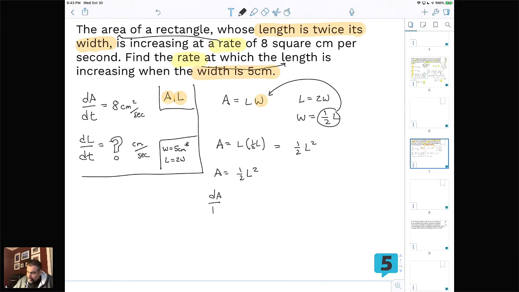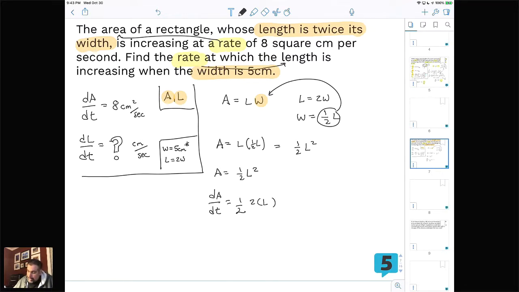I know how to handle dA over dt. The other side, the L is going to give me a dL over dt, but that's what I'm looking for. So I'm happy to get it. So I'm just going to take the derivative. The 1/2 gets a free ride. And remember, because L is not the independent variable, because time is the independent variable and L is the dependent variable, we've got to use a chain rule on this. So the chain rule is going to give us 2 times something.